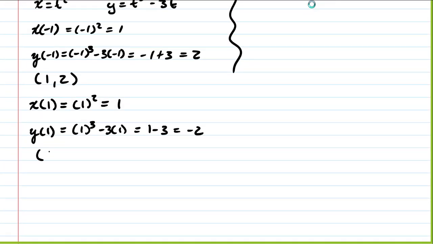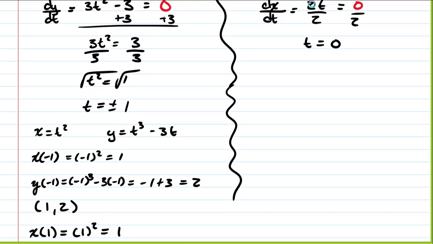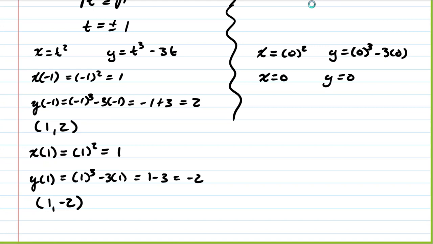So we're going to have another horizontal tangent at (1, -2). We do our vertical. We have x equals 0 squared and y equals 0 cubed minus 3 times 0. So x is 0 and y is 0. So we end up with (0, 0).